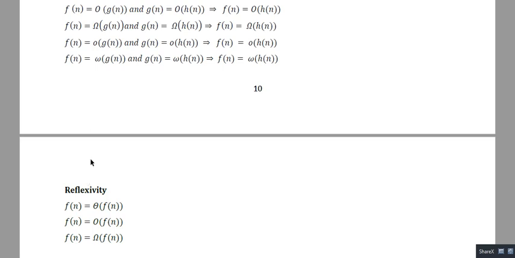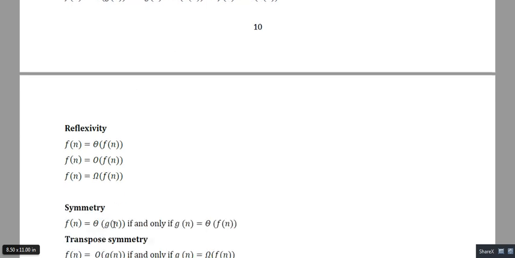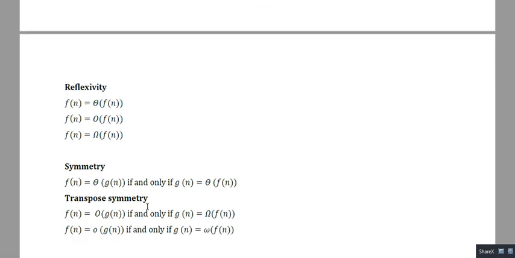So f(n) is always theta of itself, f(n), and similarly f(n) is big O of f(n). Symmetric: x related to y means y related to x. So f(n) equal to theta of g(n) means g(n) will be theta of f(n). You just go through all these things.